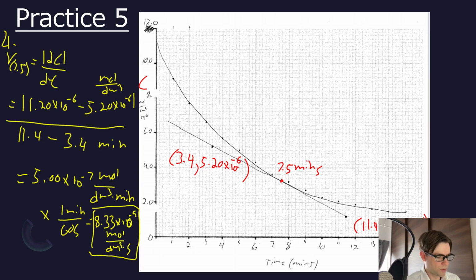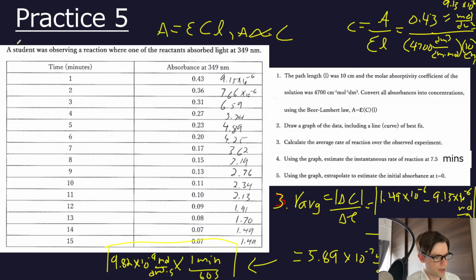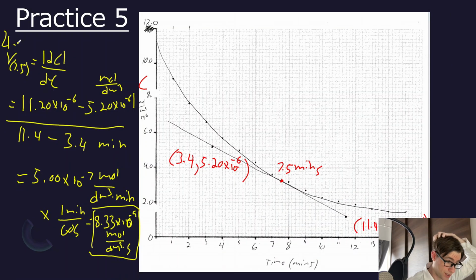Number 5 then was to try to extrapolate to estimate the initial absorbance at t equals 0. I've already done that by drawing a curve of best fit here. Even though my graph didn't really go before 1 minute, I've continued on that line as best I could to follow the path of this graph.